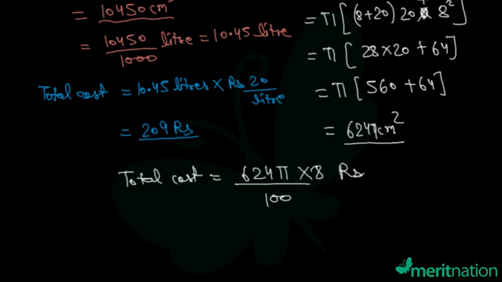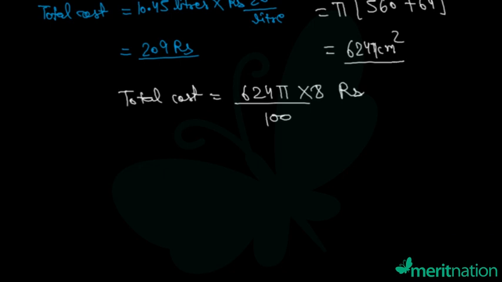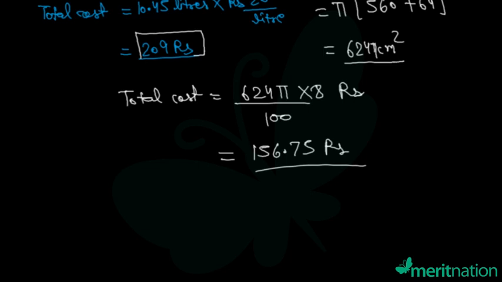If you calculate this value, the total cost that would come out to be 156.75 rupees. The total cost of metallic sheet required is equal to 156.75 rupees, and the total cost of milk required is equal to 209 rupees.